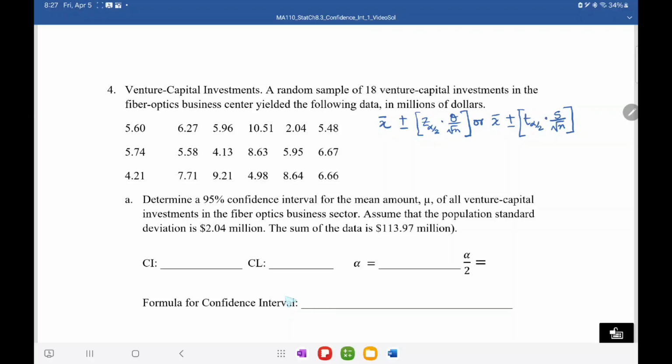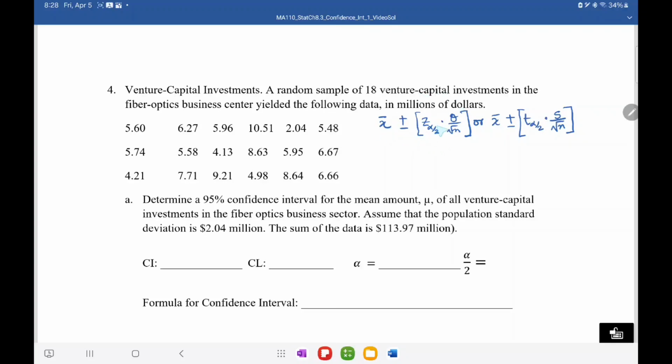Now, what I did here was I wrote out the formulae that we may be using to solve this question, to find the confidence interval, right? If you have the formula in front of you, then it'll be easier for you to identify which variables we should be looking for. Now, we will be using one of these two formulae, right?